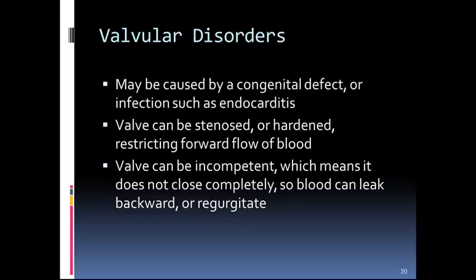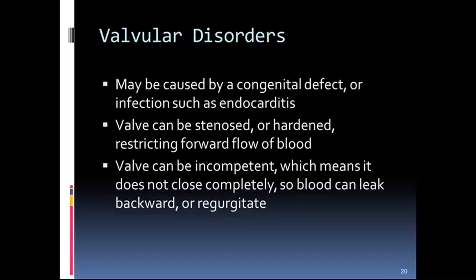Valvular disorders may be caused by congenital defects or infections such as endocarditis. A lot of times we will see some of our congenital defects, such as a bicuspid aortic valve. Aortic valves are supposed to be tricuspid. Valves can be stenosed or hardened, which restricts the forward flow of blood.